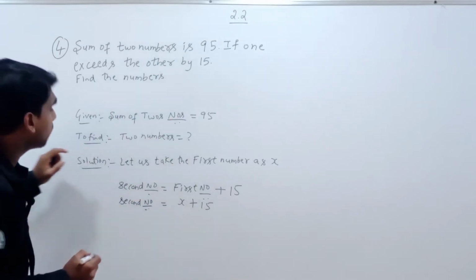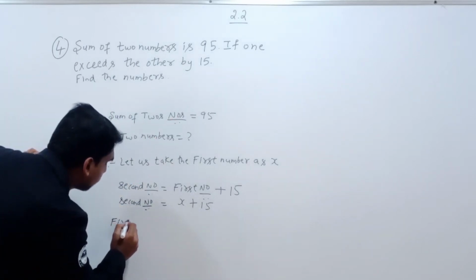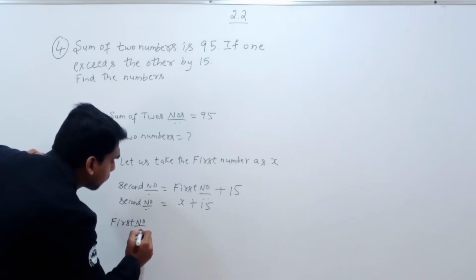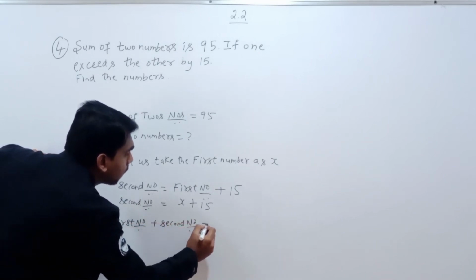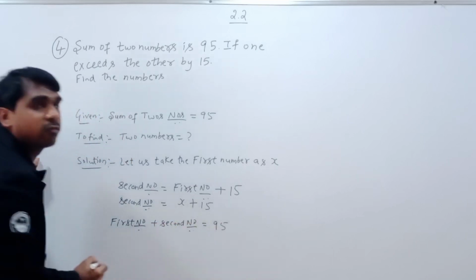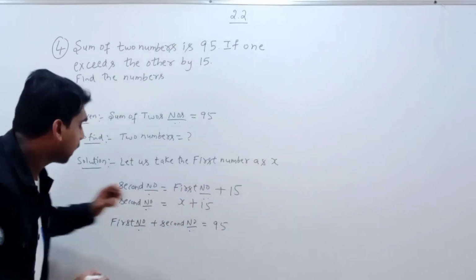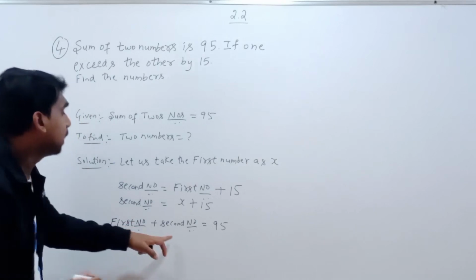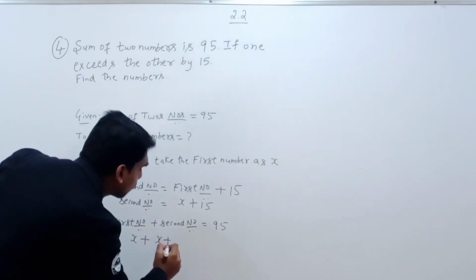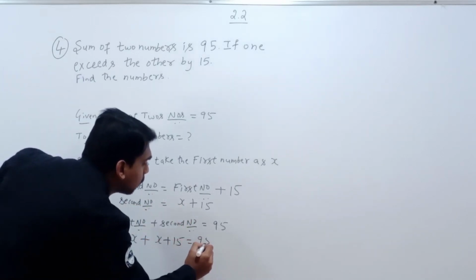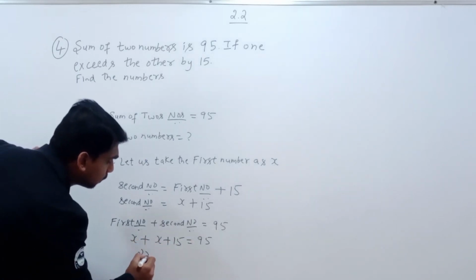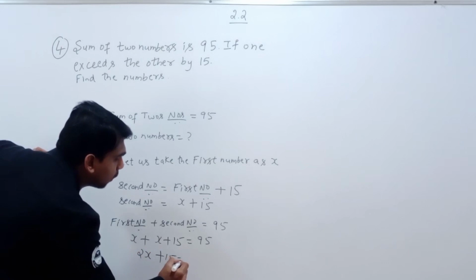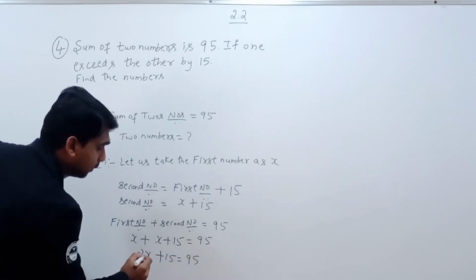Now, sum of two numbers is 95, which means first number plus second number is equal to 95. First number we have taken as x, second number as x plus 15, which is equal to 95. X plus x is equal to 2x plus 15 is equal to 95.